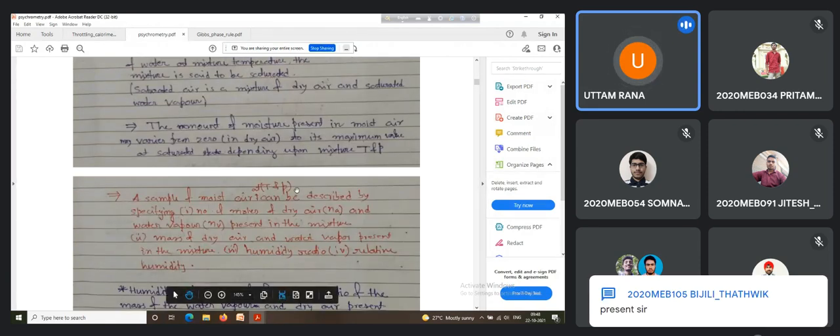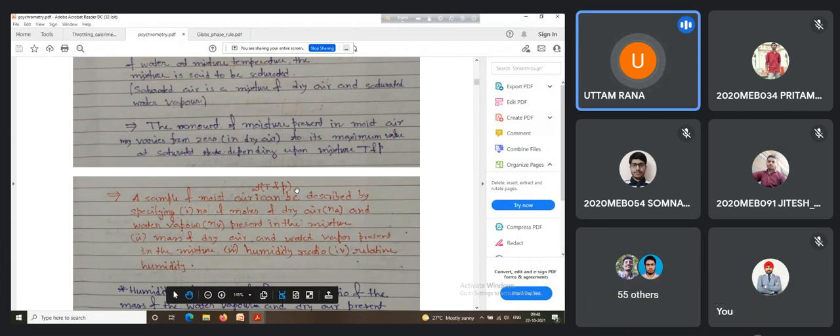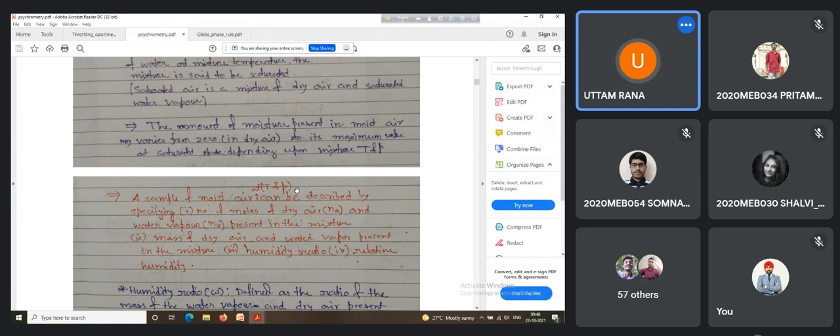Now, as we said, a mixture of water vapor and air is a two-component, single phase system. So how many properties are to be specified? First of all, temperature and pressure have to be specified. Apart from that, a sample of moist air can be described by specifying either the number of moles of the dry air and water vapor.